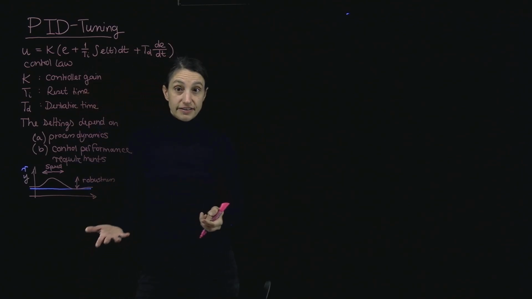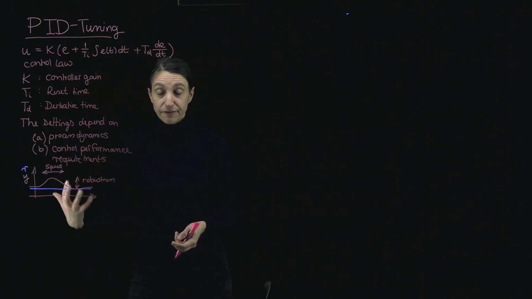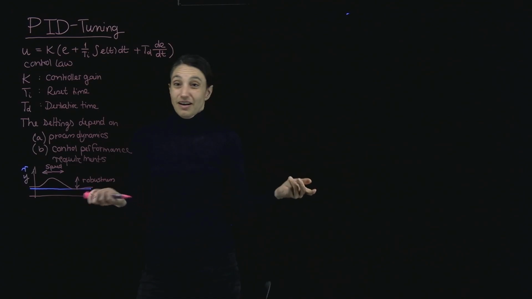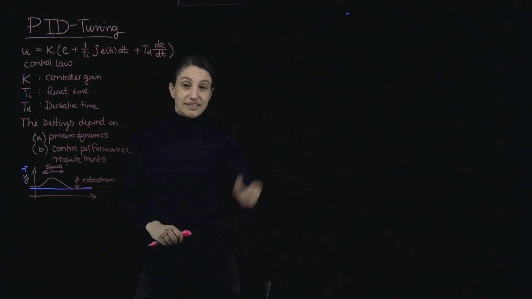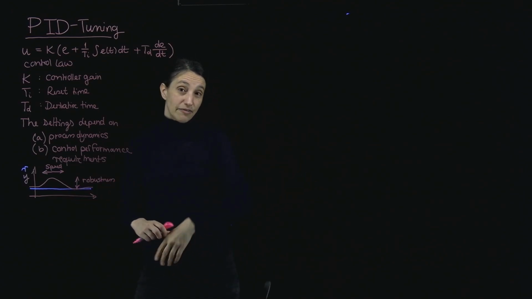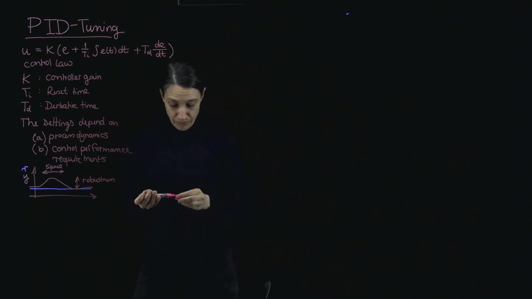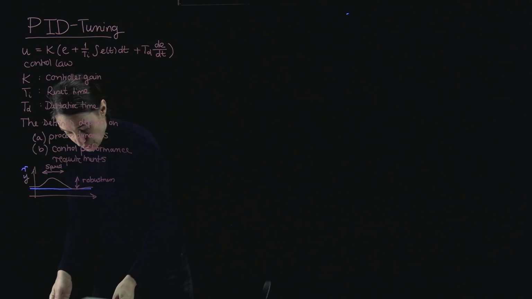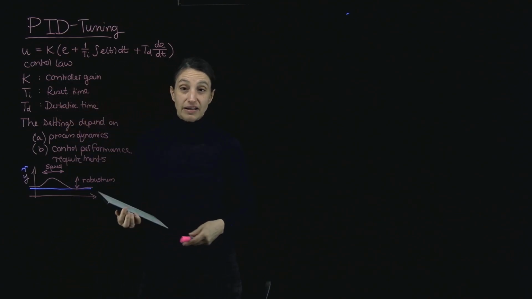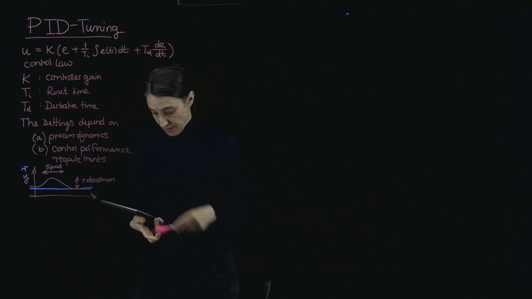And the two are connected. Usually when I have a faster process, the result is that my robustness goes out of the window. So we'll have a higher change in amplitude. And I have to balance the two. So it's speed versus robustness.